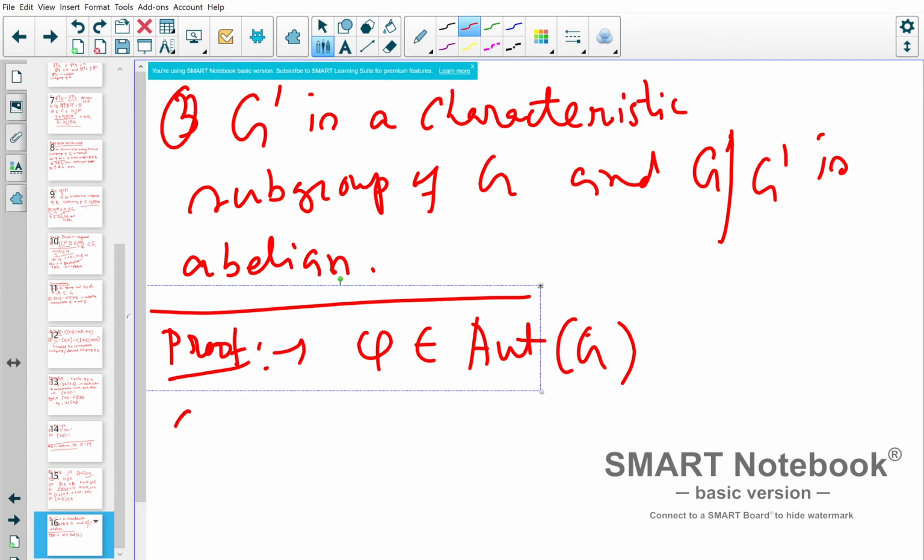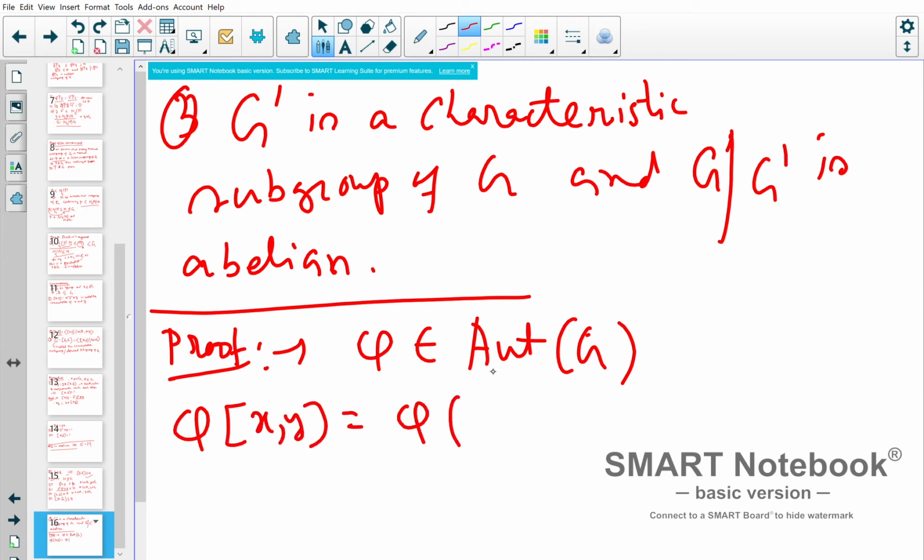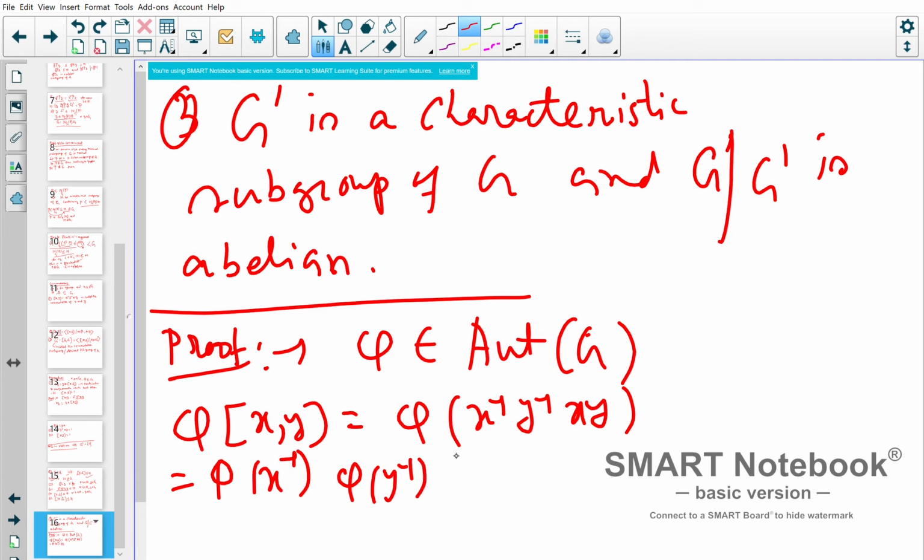Phi of x inverse y inverse x y, since phi is a homomorphism, is phi of x inverse, phi of y inverse, phi of x, and phi of y.